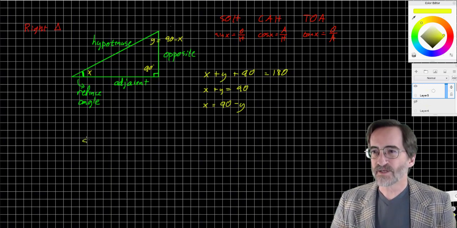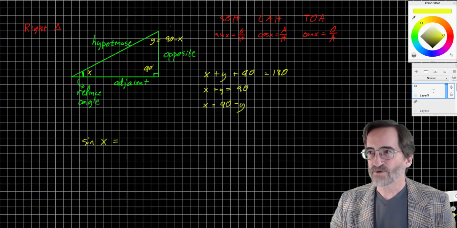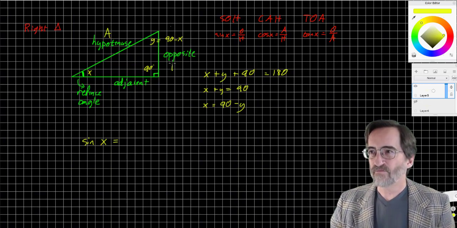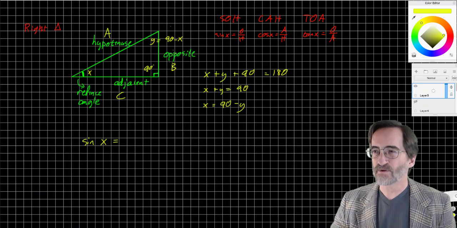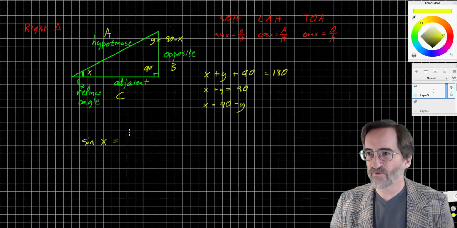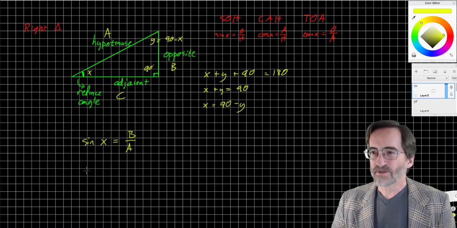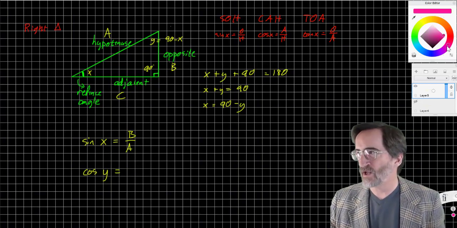I'm going to say sine of x equals, and I'm going to label these sides A, B, and C. Sine of x equals opposite over hypotenuse, B over A. Whereas cosine of y equals, and this is really tricky to look at because it changes the names.